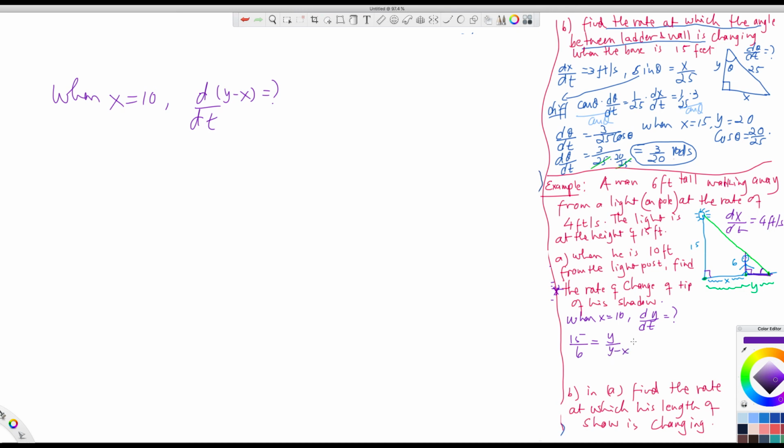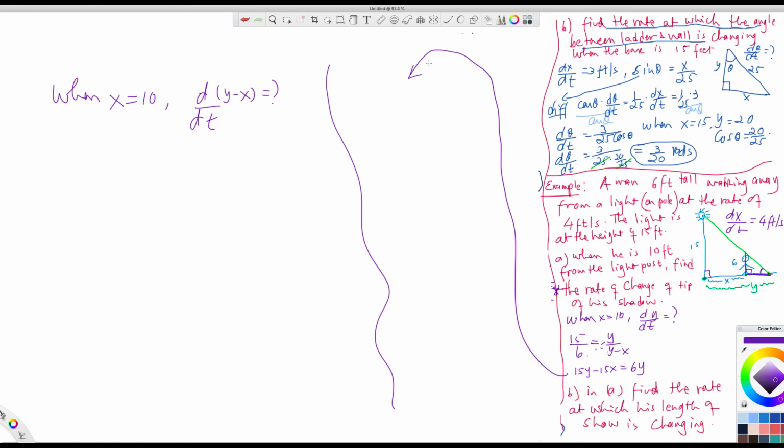Now I want to simplify this. I want to do the cross multiplication. So you will get 15y minus 15x equals 6y. You see that? Let me write that down again. 15y minus 15x is equal to 6y, right?